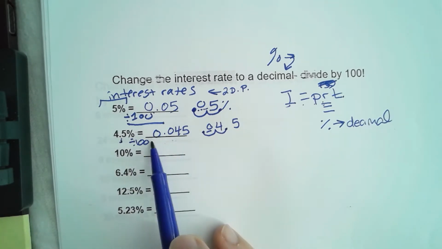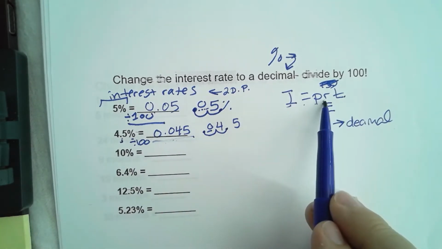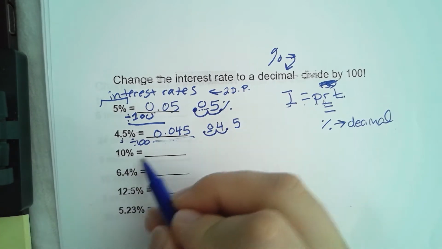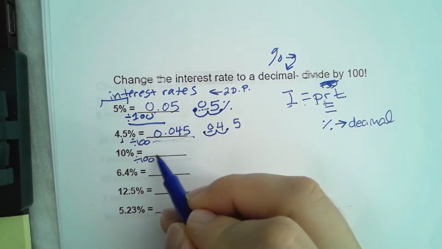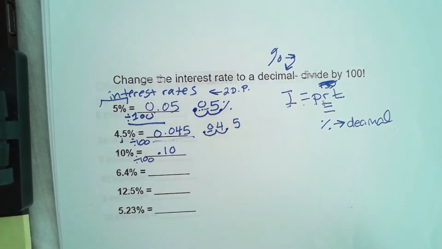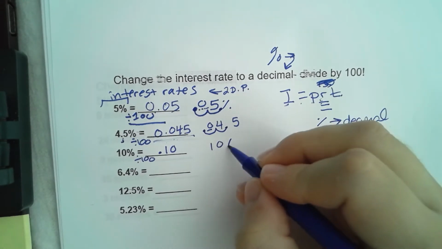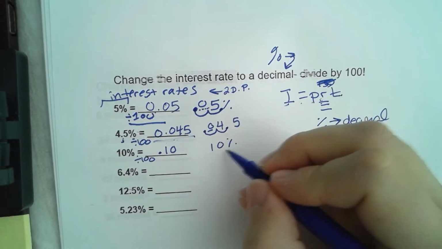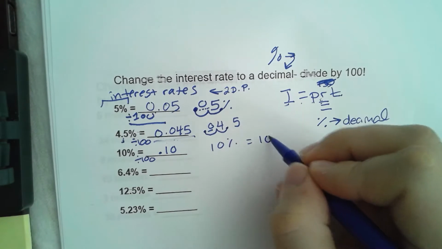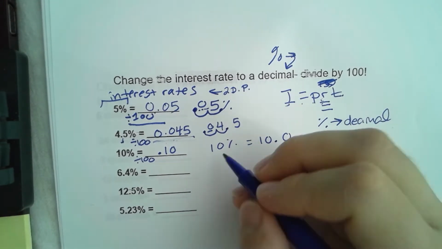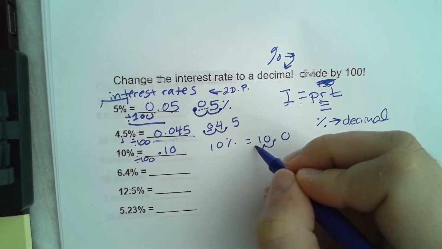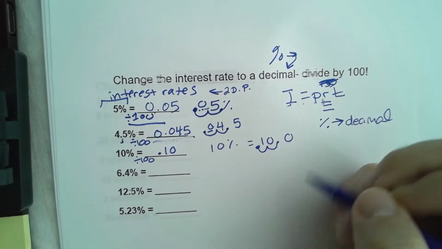I use this for R. 10%, to change this, you divide by 100 and you get 0.10. Or you can do this. 10%, again, is the same as saying 10.0. So you can go 1, 2, 0.10.